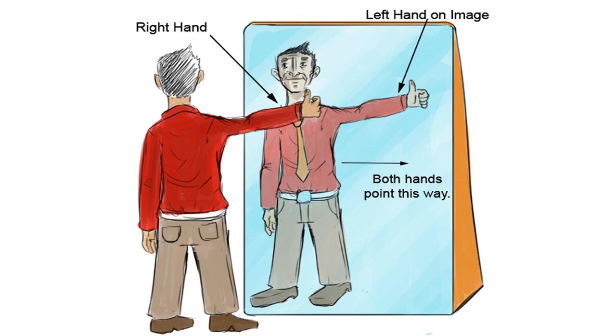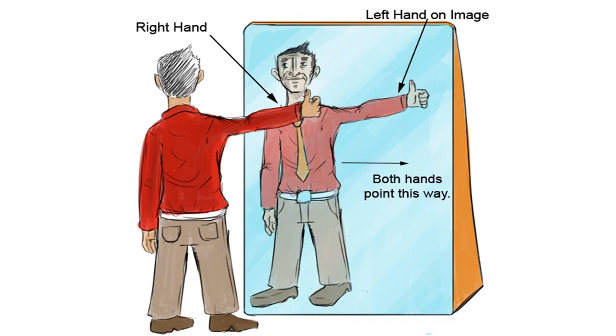Let's try and understand lateral inversion with the help of the diagram. We have learned that image shows lateral inversion. Take an example. A boy is standing in front of a plain mirror. In this diagram, he has raised his right hand.